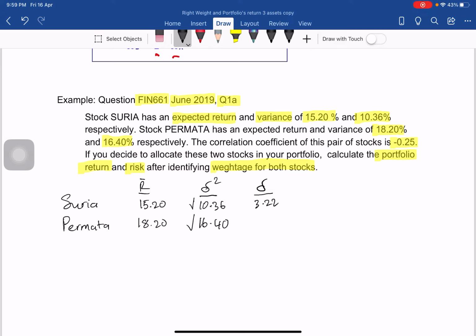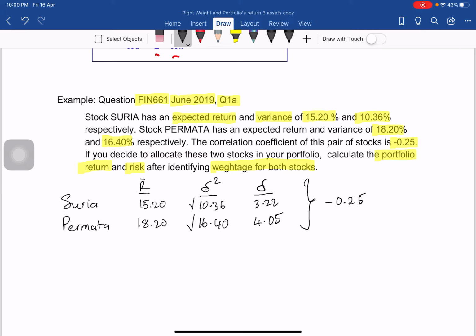And then the standard deviation for Permata, you square root 16.40, you will get 4.05.